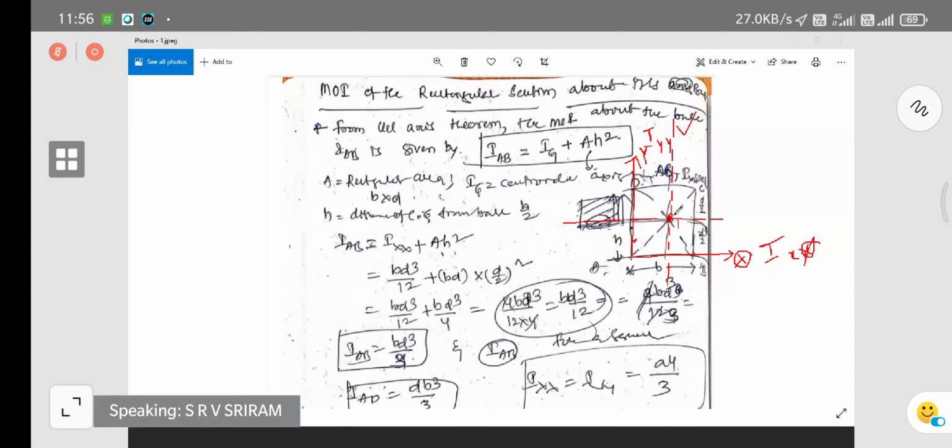Here my geometrical figure is the rectangular section, and by drawing the diagonals, I get the centroid at the midpoint of this rectangular section. Therefore, I will call these reference axes the central axes Gx and Gy.